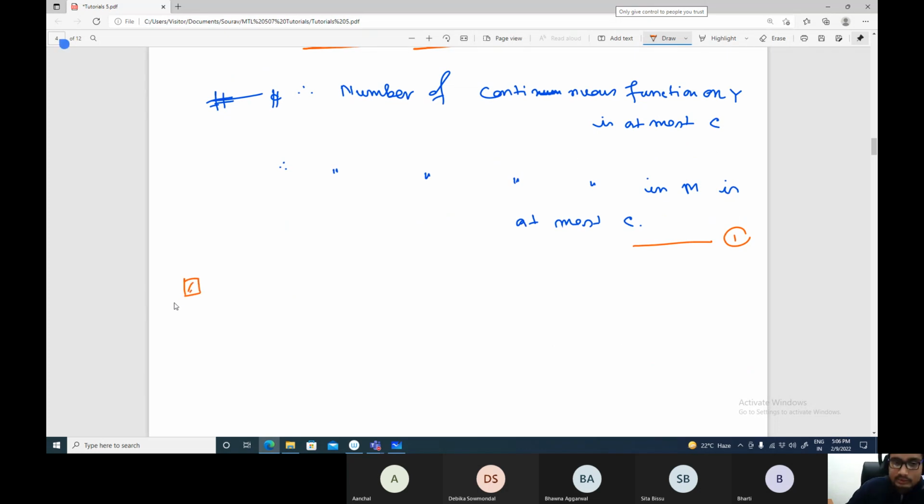Now let's come to the second one. You consider this set Z as (x, y) such that y equals 0. Mainly this one. So if this is your Moore plane, we are considering the x-axis. So this has discrete topology, right?